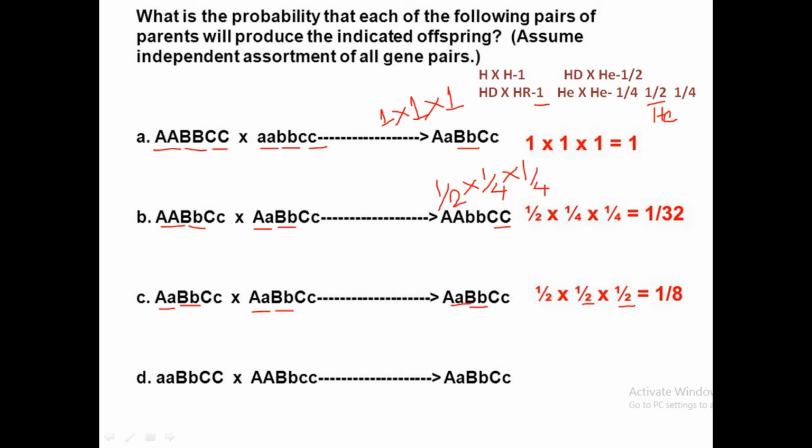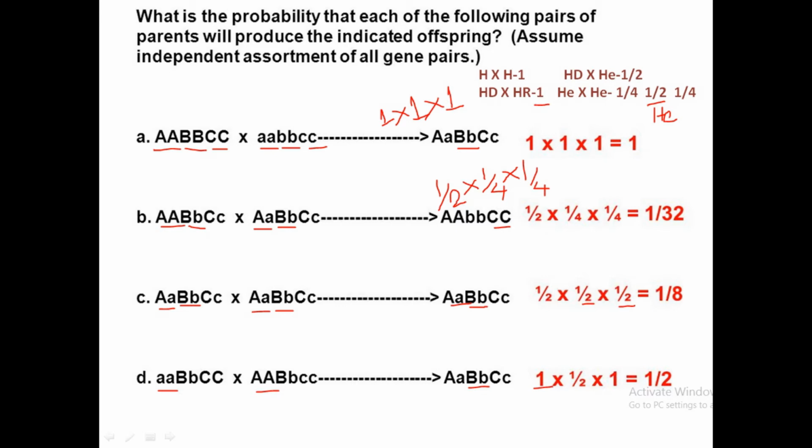So now cross between small a and capital A. It is again homozygous recessive and homozygous dominant. So we'll get 1. Then again this is heterozygous and this is heterozygous cross heterozygous, then the chances of getting heterozygous is half.